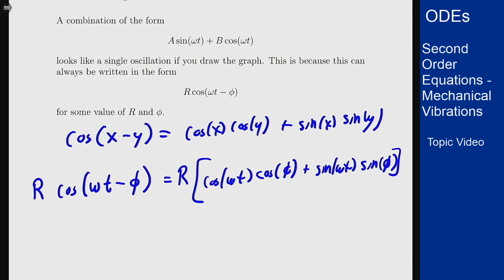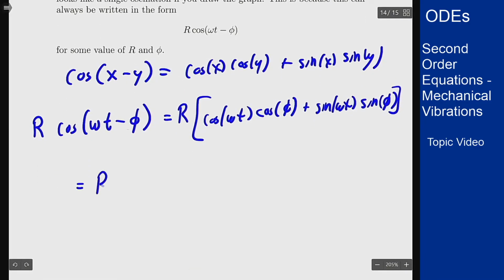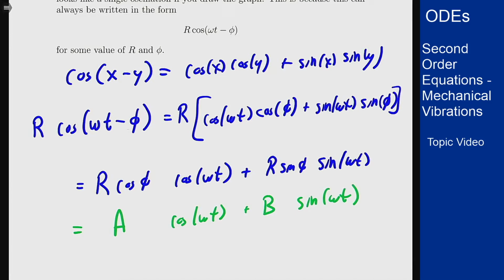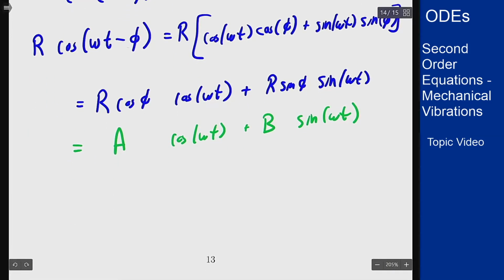Then by expanding this out, I get r cosine phi cosine of omega t plus r sine phi sine of omega t. If I want this to match a cosine omega t plus b sine of omega t, I need a equals r cosine phi and b equals r sine phi.